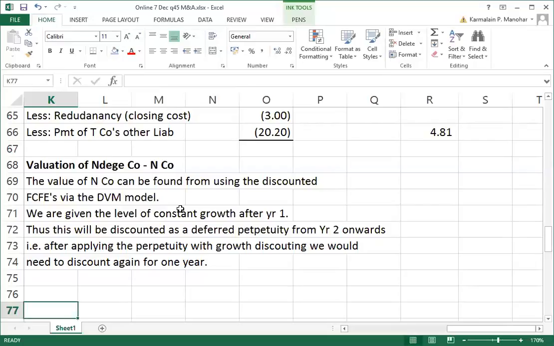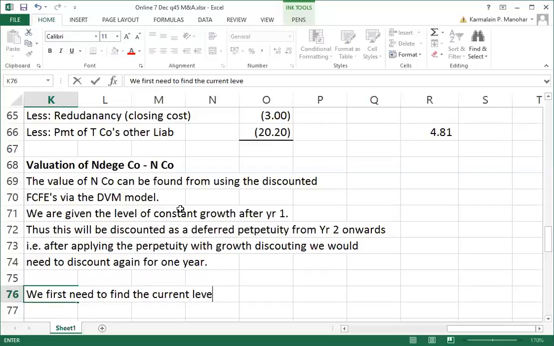So first we need to find the current level of free cash flows for NEDGE, and of course first grow by 20% for year 1.